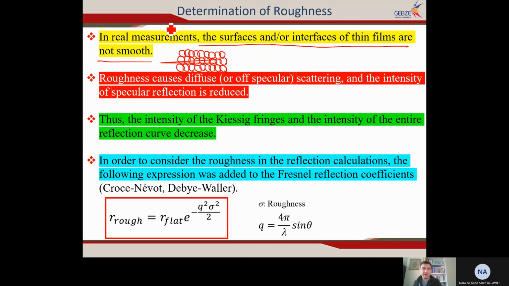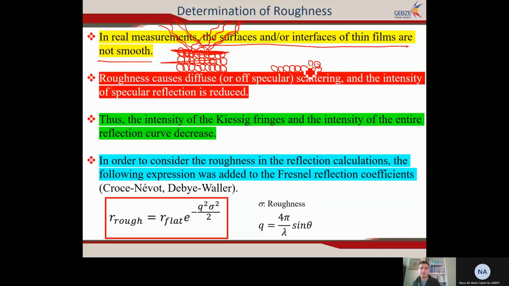We send X-rays from the X-ray source, they go to the detector. If you have perfect alignment of the atoms, then this surface behaves like a perfect mirror without any roughness, okay?